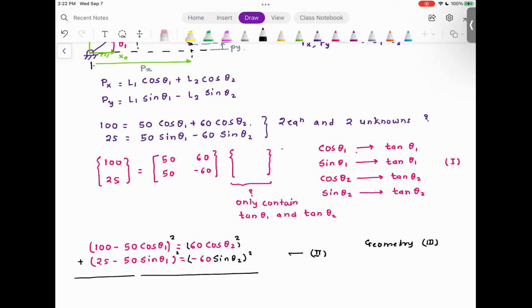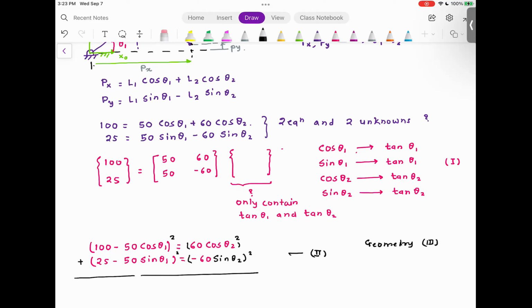I had to look at some geometric substitutions, some series expansion, and some approximate techniques to solve this. But nowadays, you can just program this equation inside MATLAB, and MATLAB will give you all the solutions. And that's how it is done in industry.